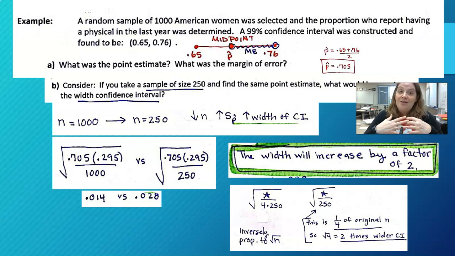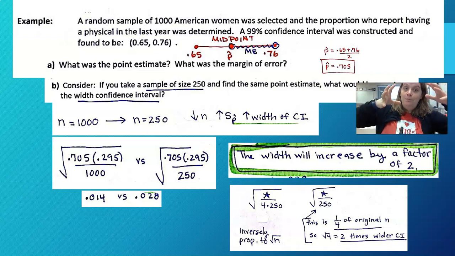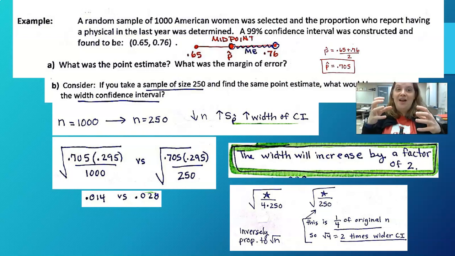That means that if I multiply my sample size by 1,000, so I started off and took a sample size of 3, and then I took a sample size of 1,000, then the square root of 1,000 is going to be the fraction of that. Okay, so it's going to be reciprocal.